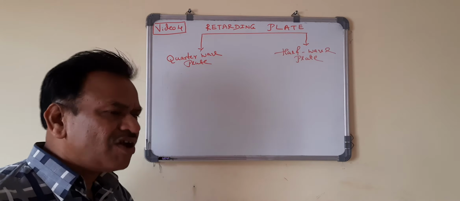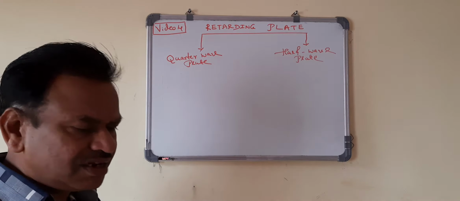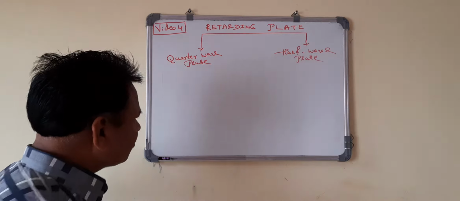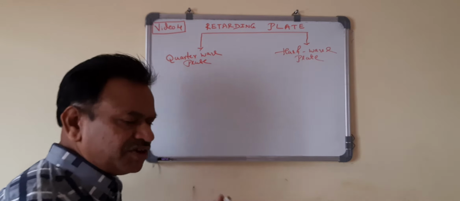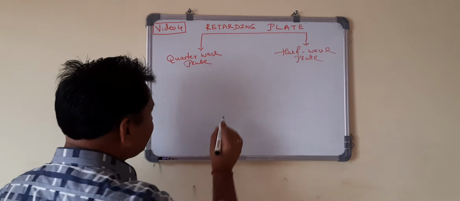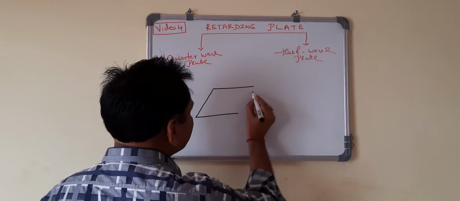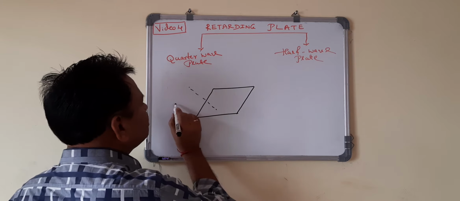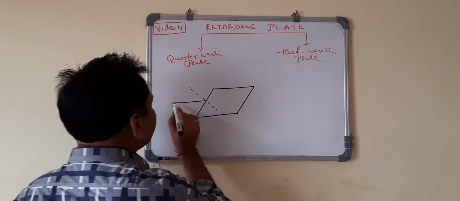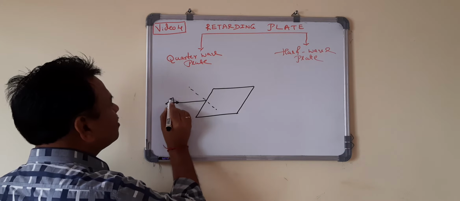But in this chapter of optics or polarization, what does retardation mean? As you know, in the double refracting crystal, which I covered in videos number 2 and 3, this is the double refracting crystal. Now, this is the incident ray, the unpolarized light.